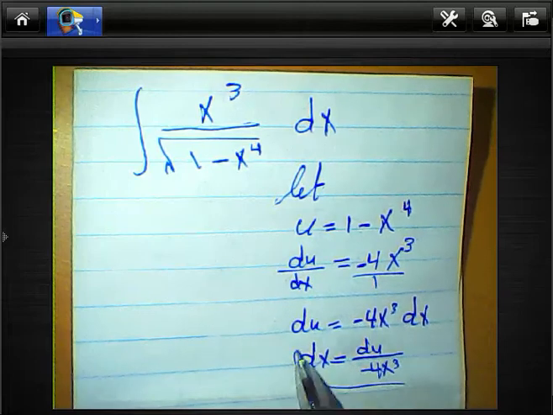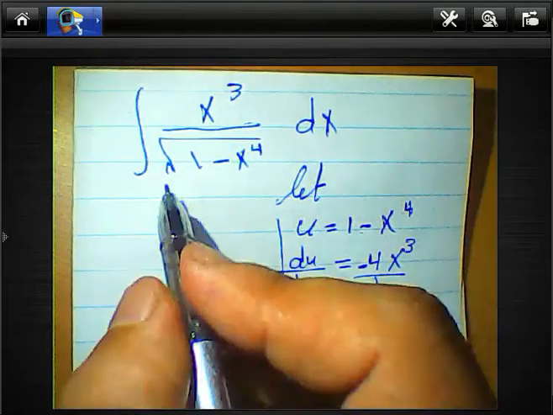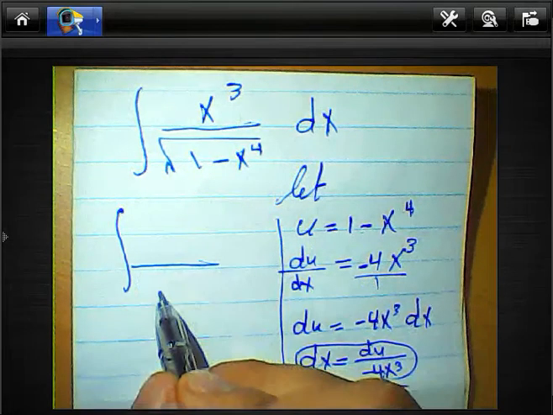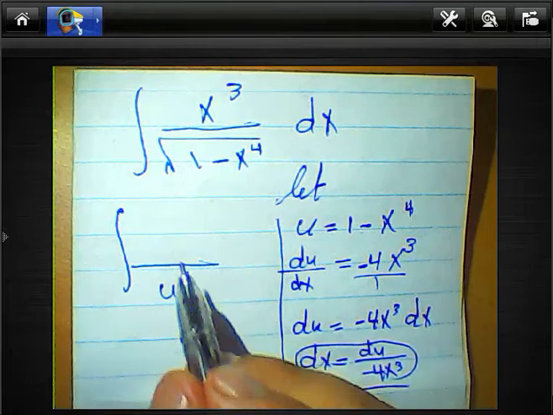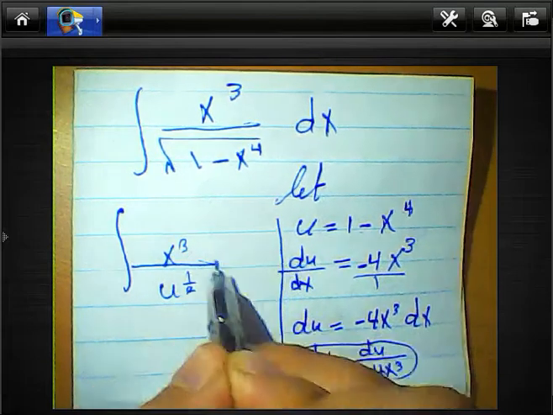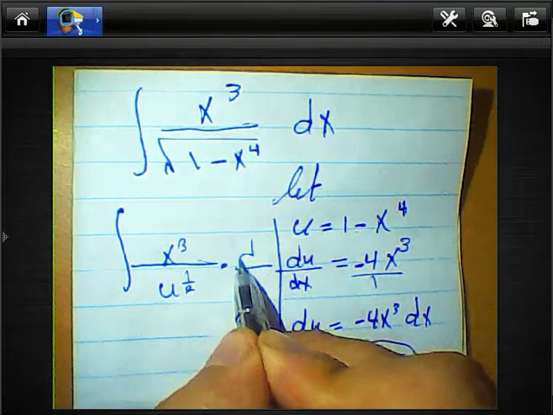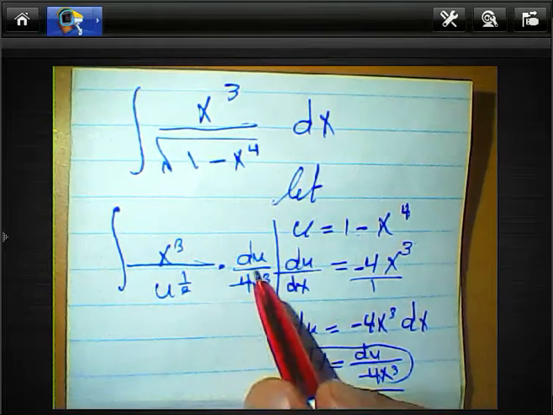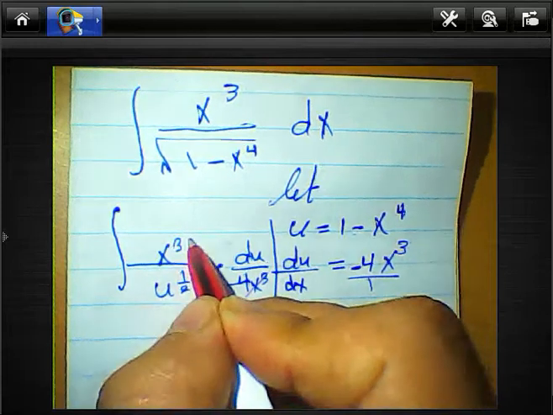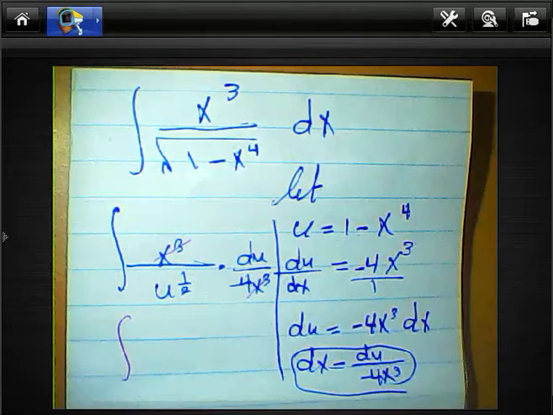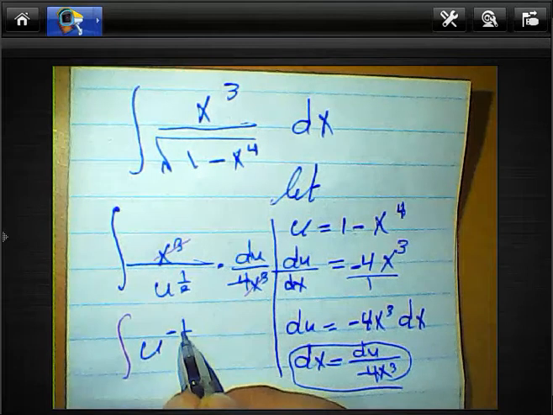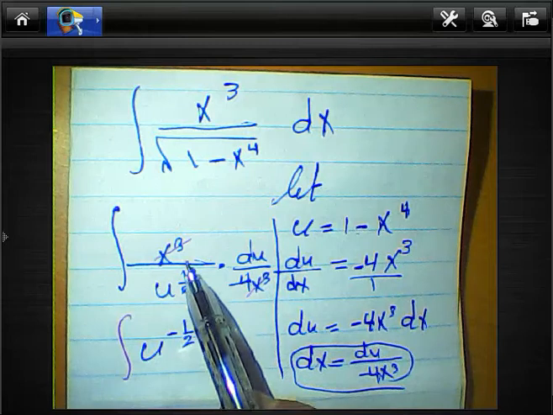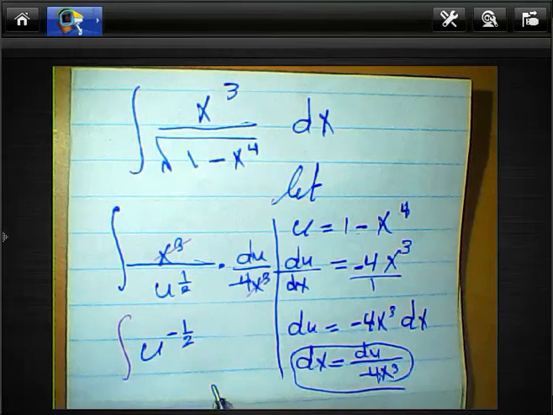Okay, and in the example we can replace this expression with u power half, and write x power 3 here multiplied by dx equals du over negative 4x power 3, and we can simplify by canceling this term, so we can write the integral of u power negative half, because it's in the denominator, so we move this term from denominator to numerator and inverse the sign of the power.